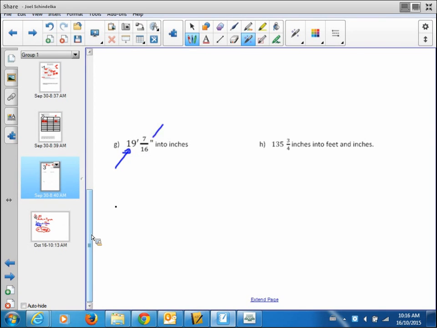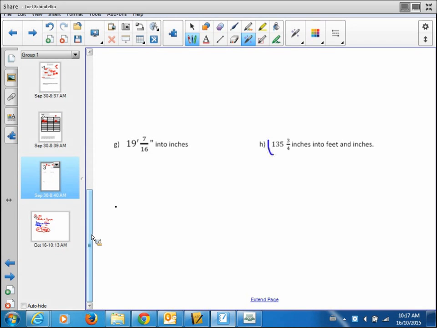You already have this fraction in inches. So as long as you convert 19 feet, so you'd use that sort of 1 foot, 12 inches, and then you set up the ratio for 19 feet. Change that into inches, and then you just give your new measurement with the fraction beside it. So more about that if you get into there in a little bit.